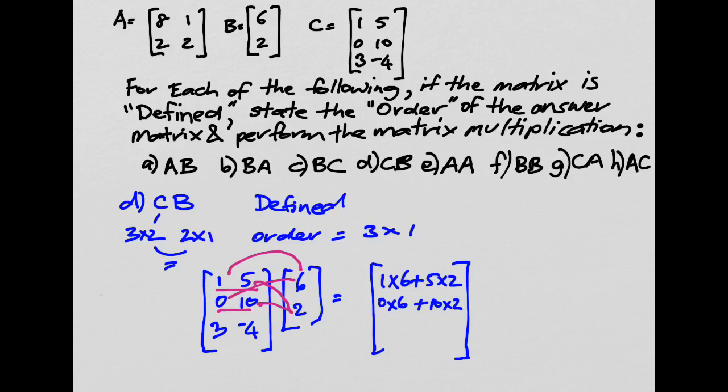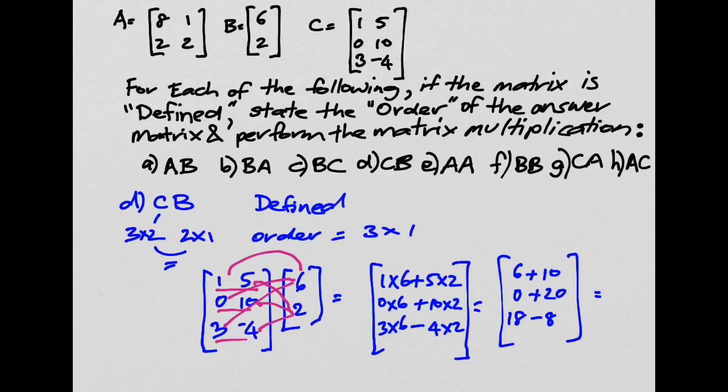And then lastly, working with the last row, flipping it around, you've got 3 times 6 plus negative 4 times 2. So 3 times 6, and you can just say minus 4 times 2. Okay, so that equals 6 plus 10, 0 plus 20, 18 minus 8, which equals 16, 20, and 10.